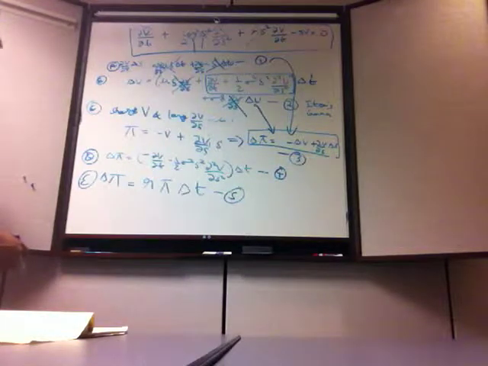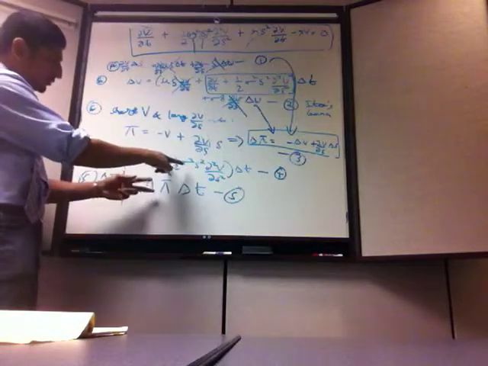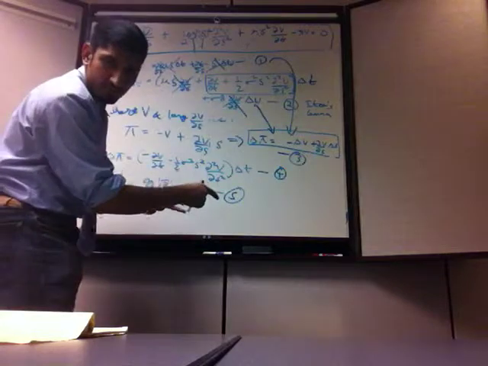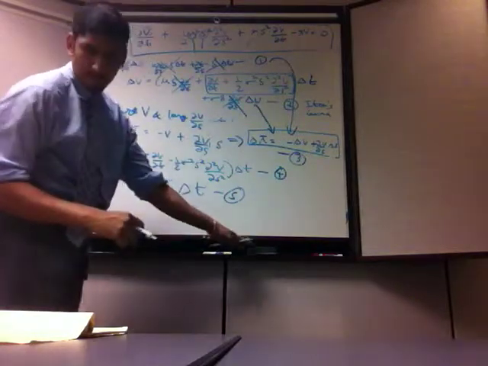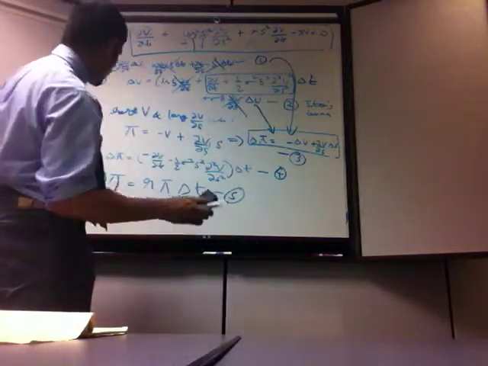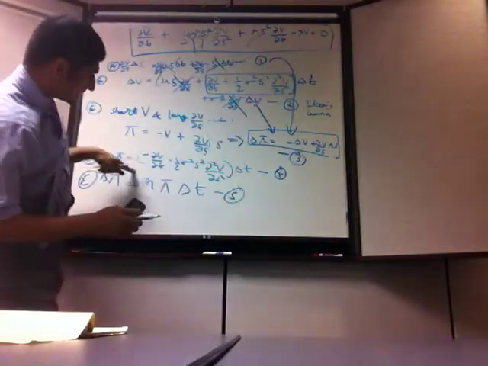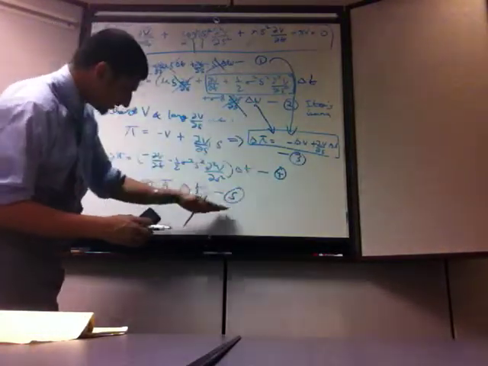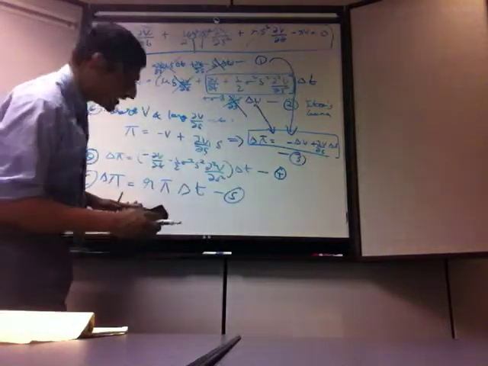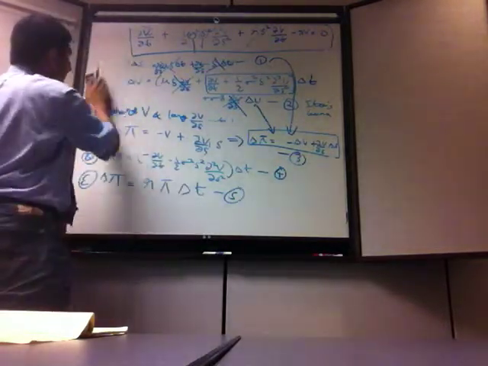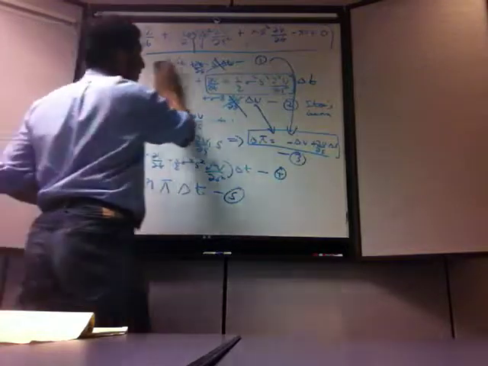So what I'm going to do now is just equate these two equations for delta pi, the change in the value of the portfolio. We used A, B, and C to get to this first expression for delta pi. We used a logical argument to get to the second expression. So I'm going to erase A, B, and C right now.